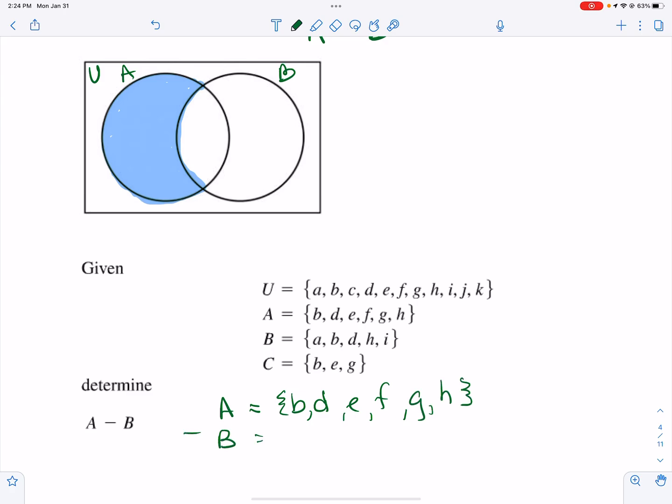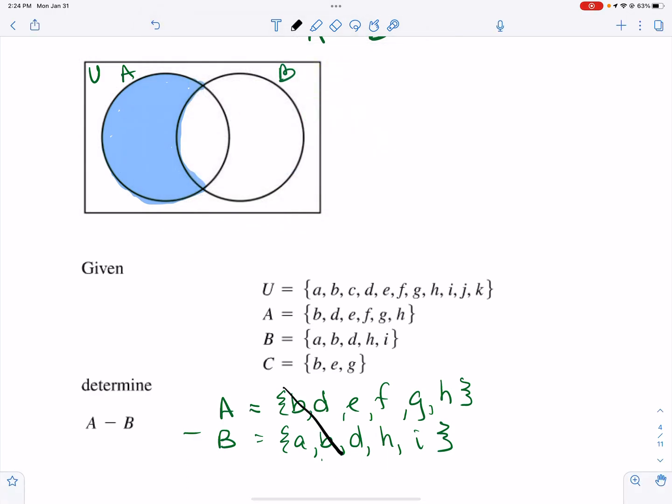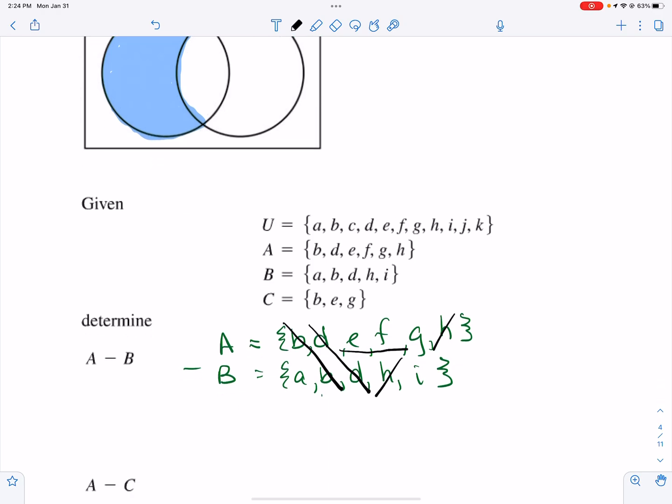Write your set B, A, B, D, H, and I. And remember, you can only take what is in B out of A. So you're going to take out the B, you're going to take out the D, and you're going to take out the H. And so what's left in A are these letters right here.